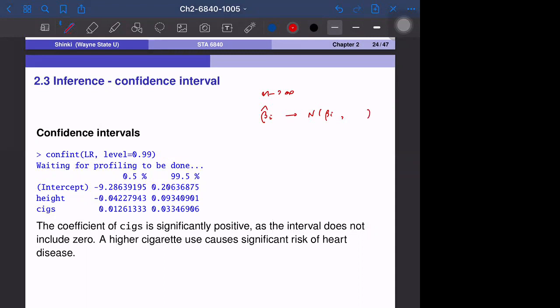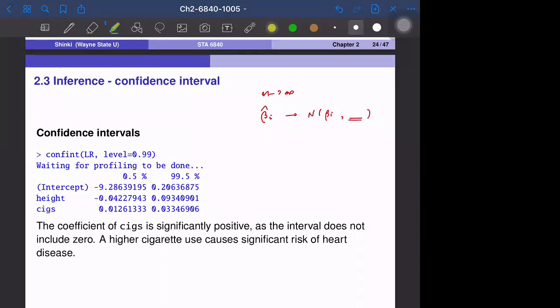You can see it in a textbook, such as Introduction to Statistical Learning by Tibshirani and Hastie. You can calculate variance, and actually this goes to normal. So we rely on the normal distribution, and we rely on the Fisher information matrix to calculate the confidence interval. Okay, so we basically rely on normal distribution.